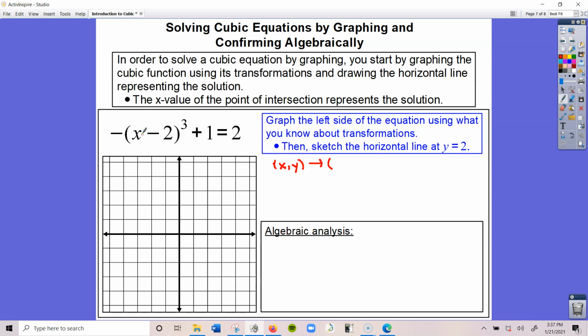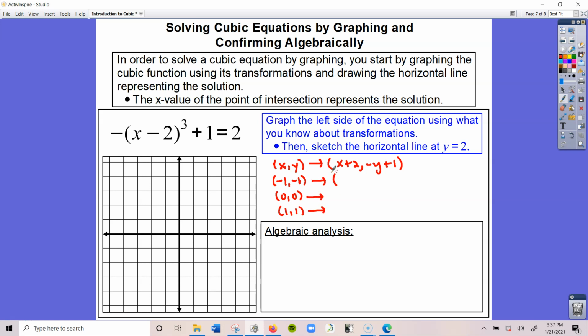The rule for the x's would be x + 2. And the rule for the y's would be −y + 1. Our reference points are (−1, −1), (0, 0), and (1, 1).